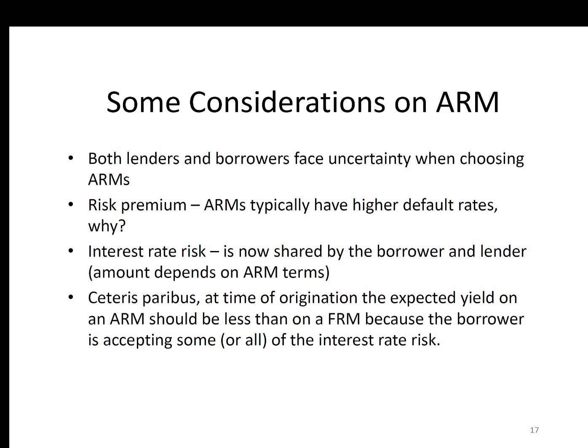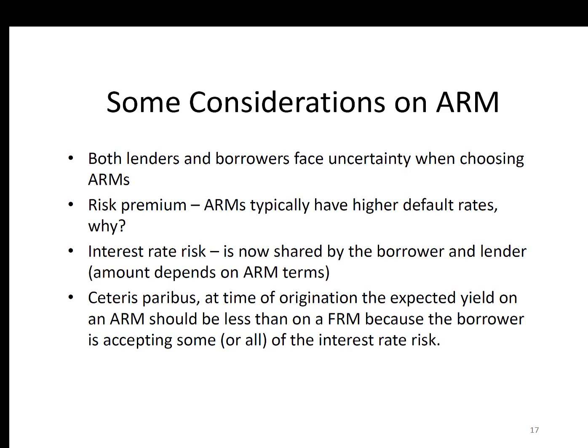The interest rate risk is now shared by the borrower and the lender. How much is shared by each party really depends on the adjustable rate terms, the frequency of adjustment, and the premium on the rate. Ceteris paribus, at the time of origination, the expected yield on an adjustable rate mortgage should be less than the expected yield on a fixed rate mortgage.